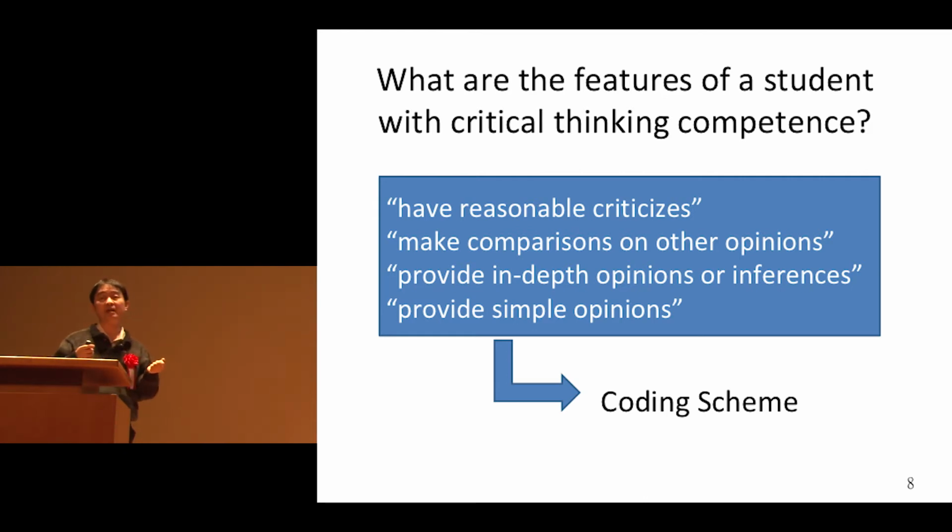Someone might say, okay, a student with high critical thinking competence might have a reasonable criticism of something. They might want to make more comparison with others' opinions. And then they might be able to provide in-depth opinion or inference during the discussion, or they might just provide some straightforward opinion.